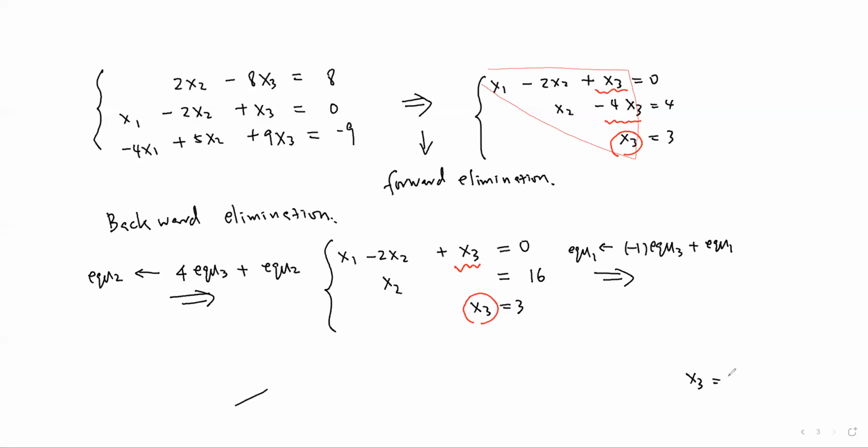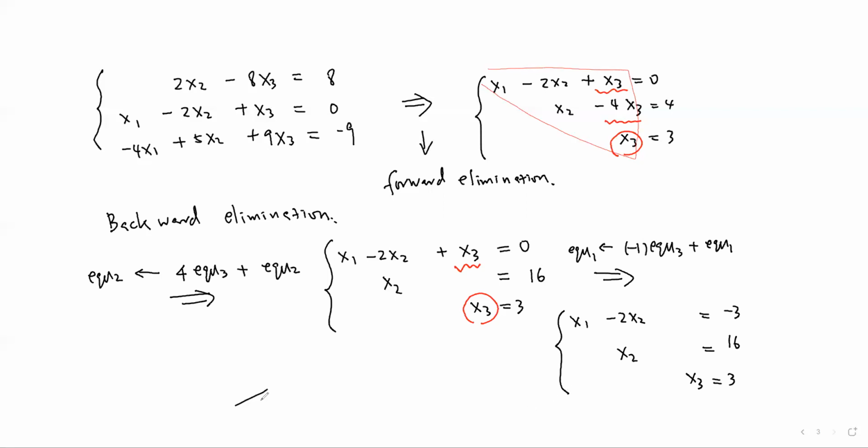Equation 3 is not changed. Equation 2 not changed. But we change equation 1. Negative 1 times the third equation added to equation 1, then x3 is gone. Negative 1 times 3 plus 0, negative 3. Then I have a new linear system.